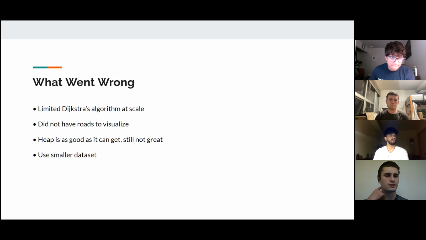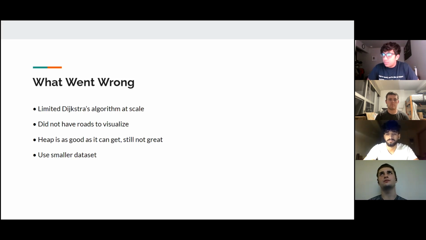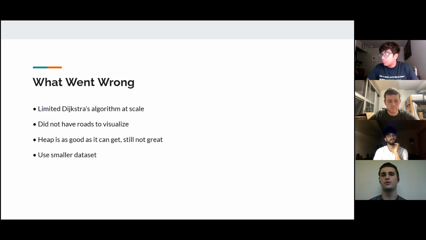So as far as the things that went wrong, we kind of brushed on them earlier, but Dijkstra's algorithm is limited in its usefulness at scale with the way that we were implementing it, due to the fact that, as mentioned before with the heap, since Dijkstra's relies on the heap to function, the increase in the heap with the addition of new nodes makes it realistically unusable for the purposes that we have outlined.